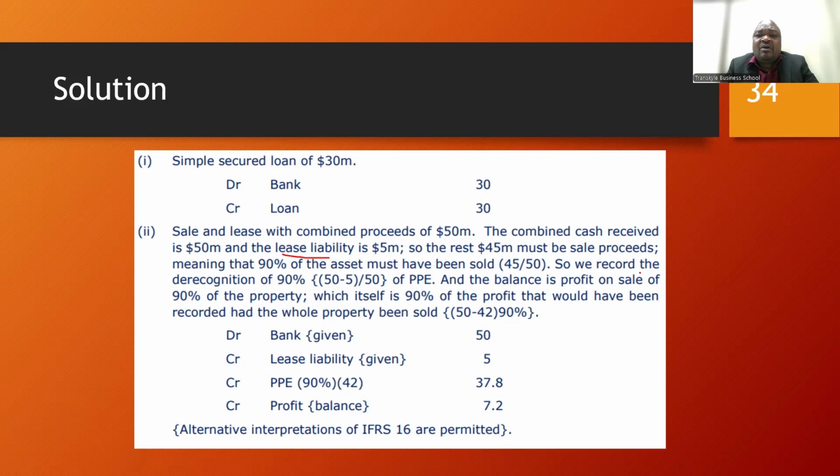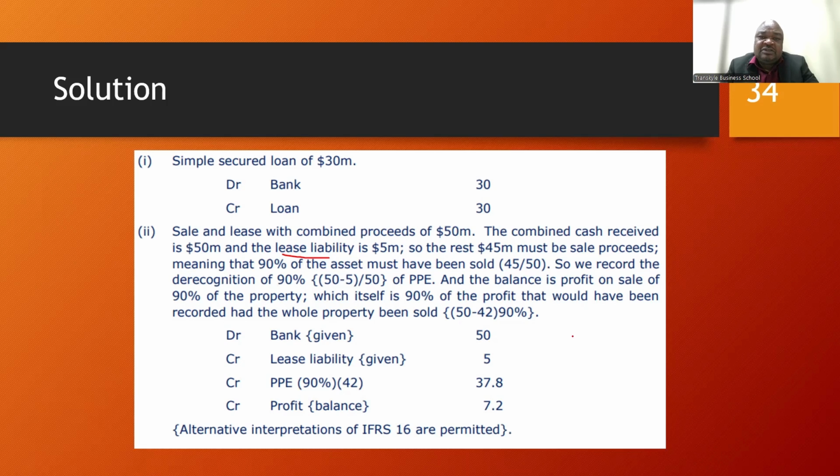So we record the derecognition of 90% of PPE, and the balance is profit on sale of 90% of the property, which itself is 90% of the profit that would have been recorded had the whole property been sold.